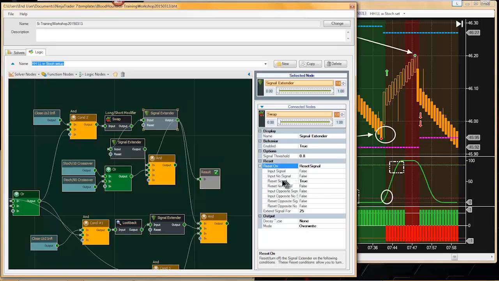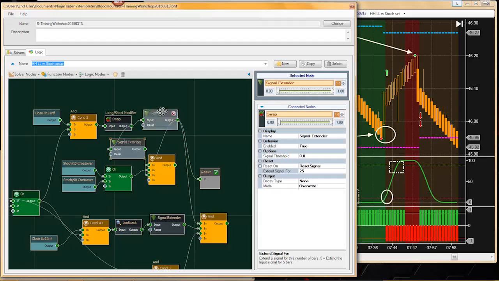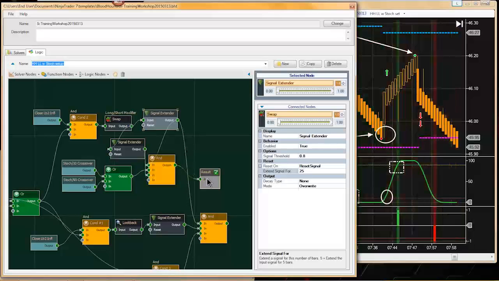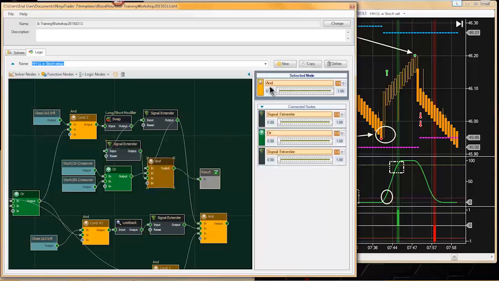I don't think we're going to be using the reset input, but I'm going to set it up the same way anyways. So that's already set to true, that's set to 25. All right, so both of these signal extenders are set up the same. Okay, so this AND node is giving us our reset.